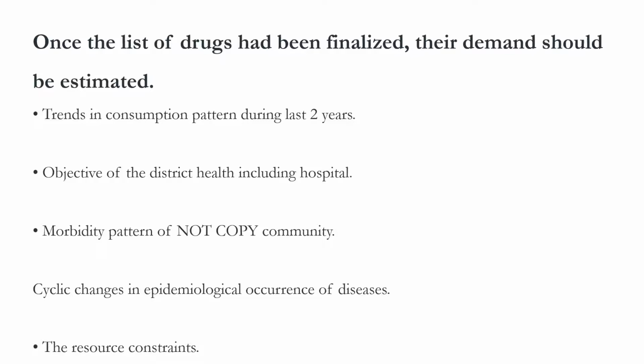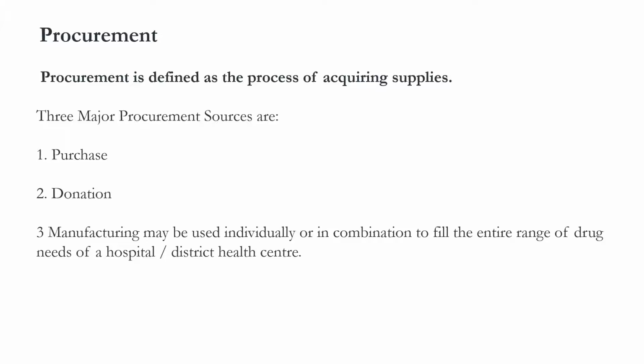We can also estimate how much quantity of drug is required, and we can go for cyclic changes or epidemiological occurrences of disease, like coronavirus or the corona pandemic. So these types of things are available to estimate the demand for a particular drug.